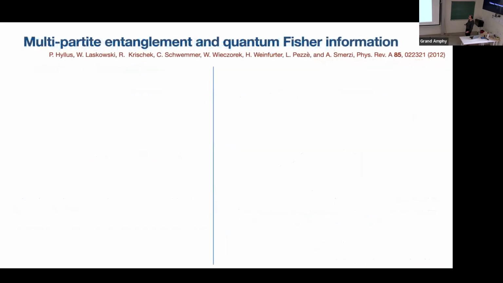A more interesting measure of multipartite entanglement, which comes originally from works done in metrology, is quantum Fisher information.